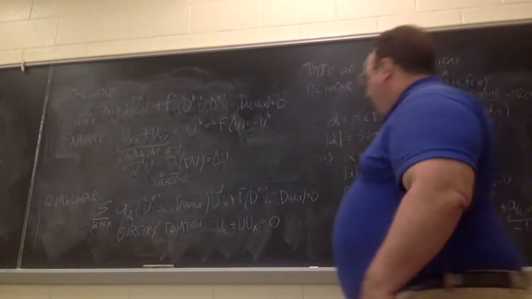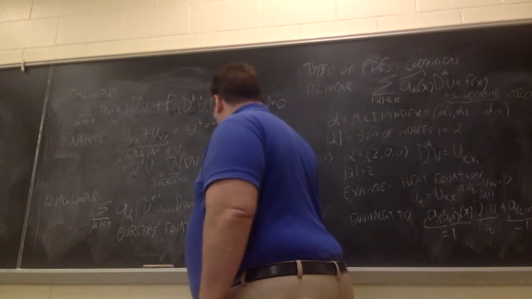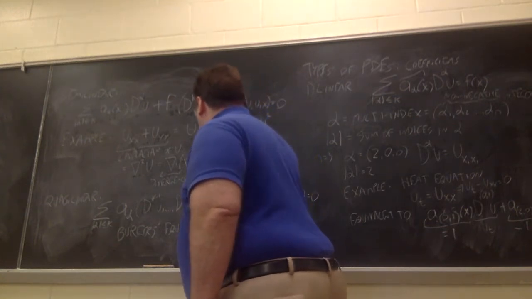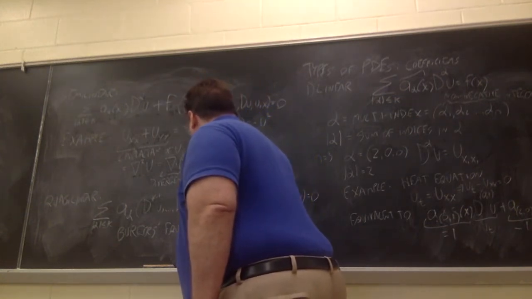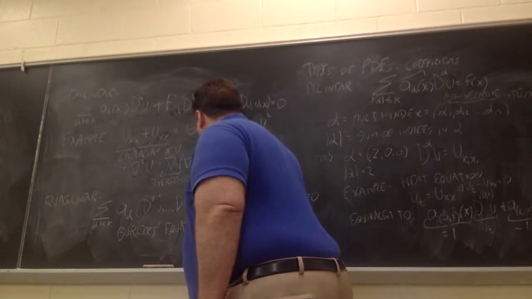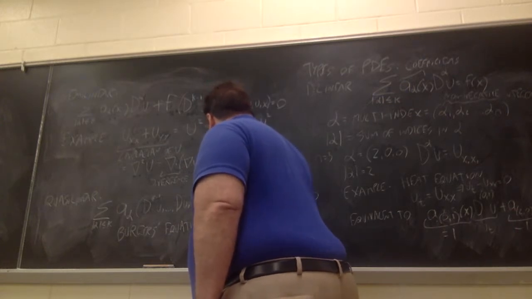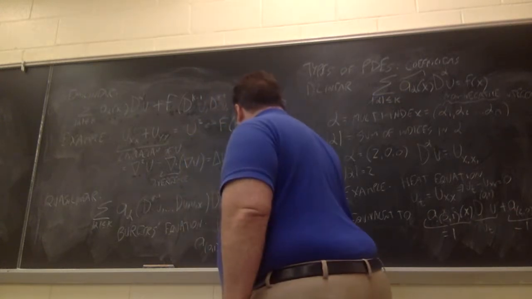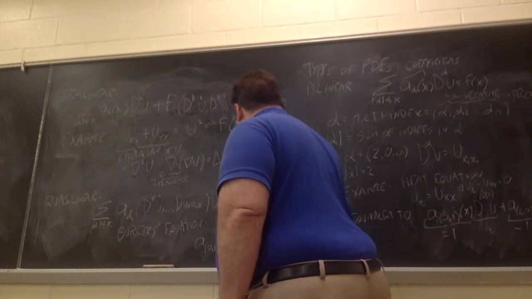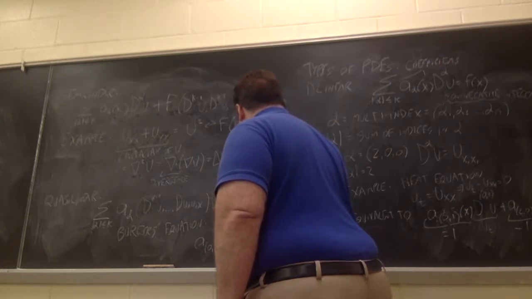So I can think of this as A01 D01 of u for ut plus A10 D10 of u equals 0.